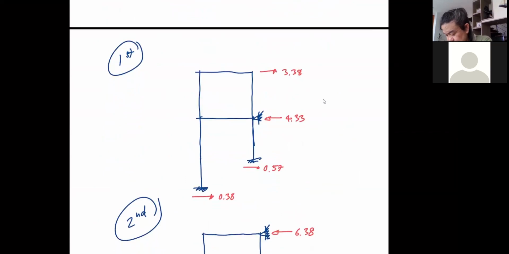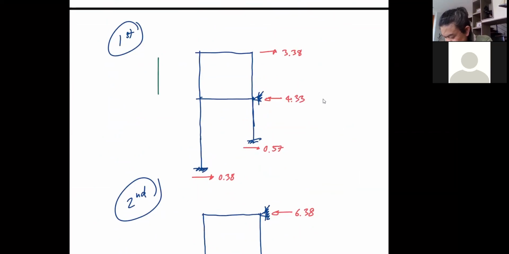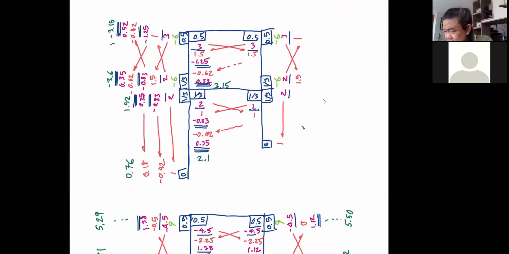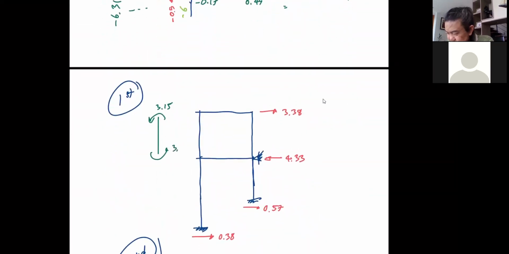Maybe I should cut you a free body diagram to show you how we get the shear. The first one is, you have 3.15, right? If you can recall, 3.15 and 3.6. So that you get the first shear, 1.69 and then 1.69.